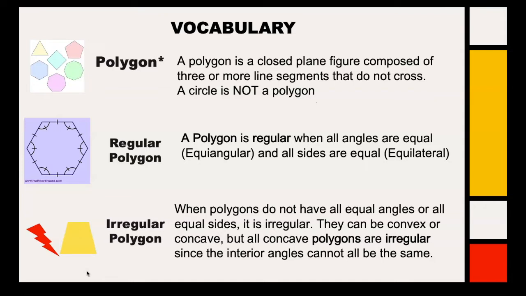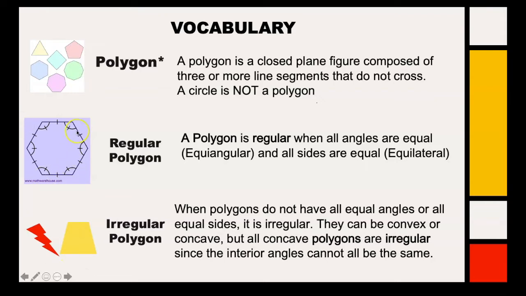A polygon: a closed plane figure composed of 3 or more line segments that do not cross. A circle is not a polygon. A regular polygon: a polygon is regular when all the angles are equal, which is called equiangular, and all sides are equal, which is called equilateral.